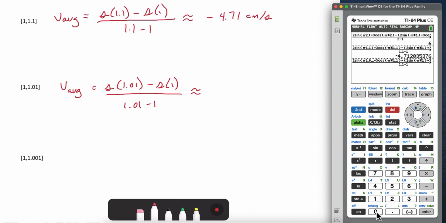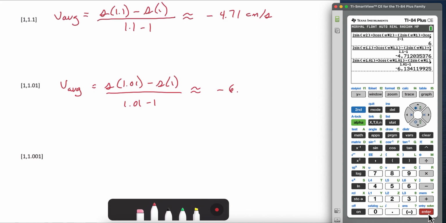We can use the second insert to give us that extra 1. Then change the denominator. Enter, and this time we get negative 6.13 roughly centimeters per second.